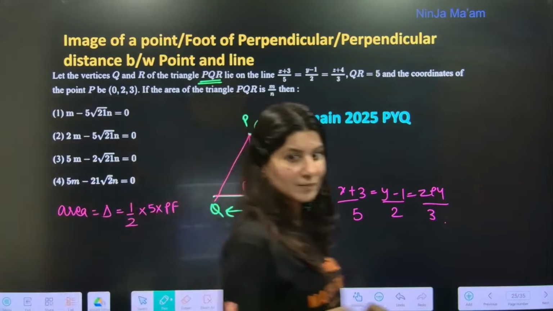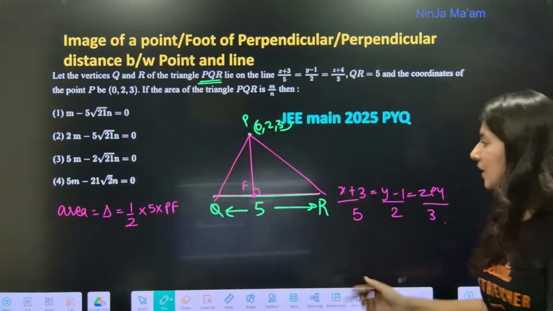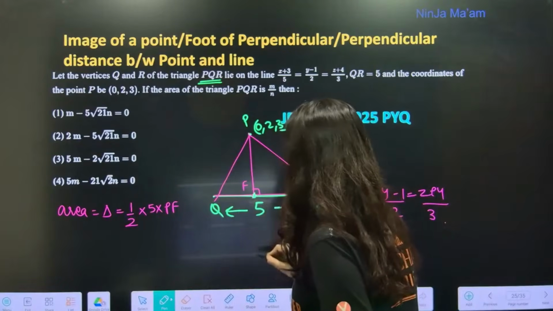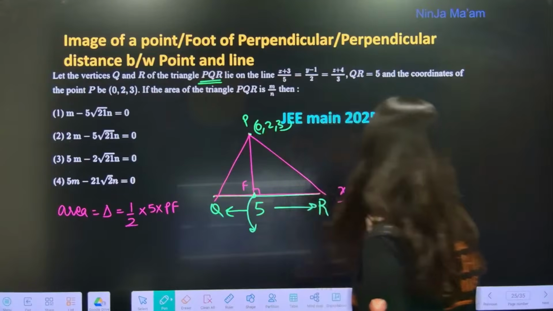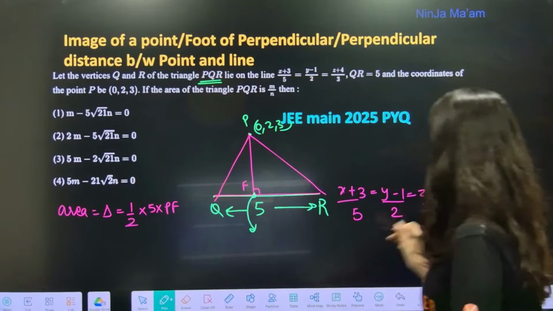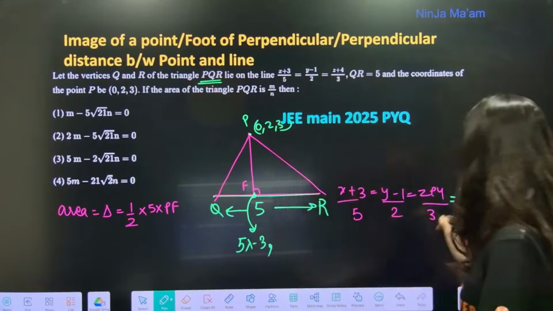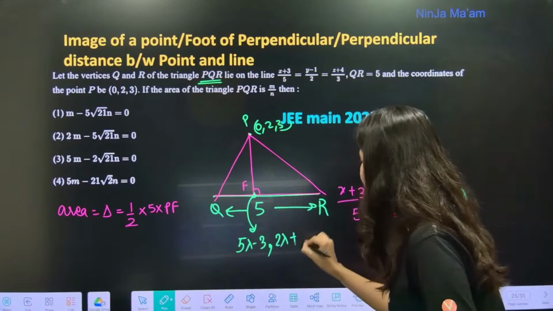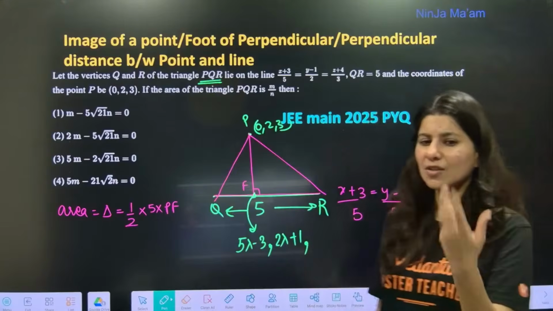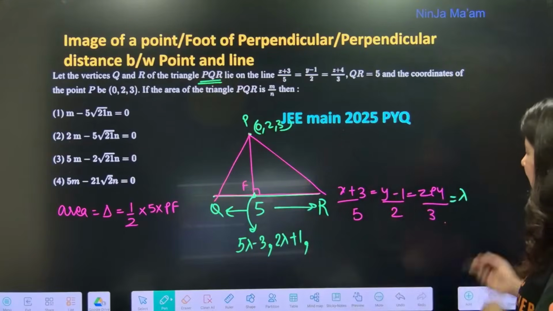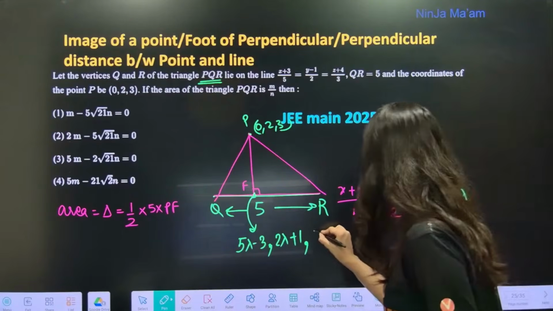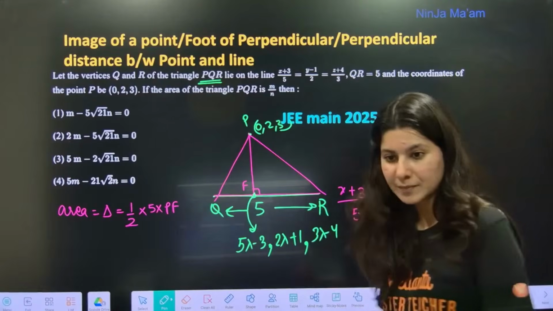P you have. F you need to calculate. Everybody assume F now in terms of lambda. So 5 lambda minus 3 comma 2 lambda plus 1 comma 3 lambda minus 4. Same procedure. Can you see? Do 3 questions. You'll be like, okay ma'am, every question is getting solved by this technique.